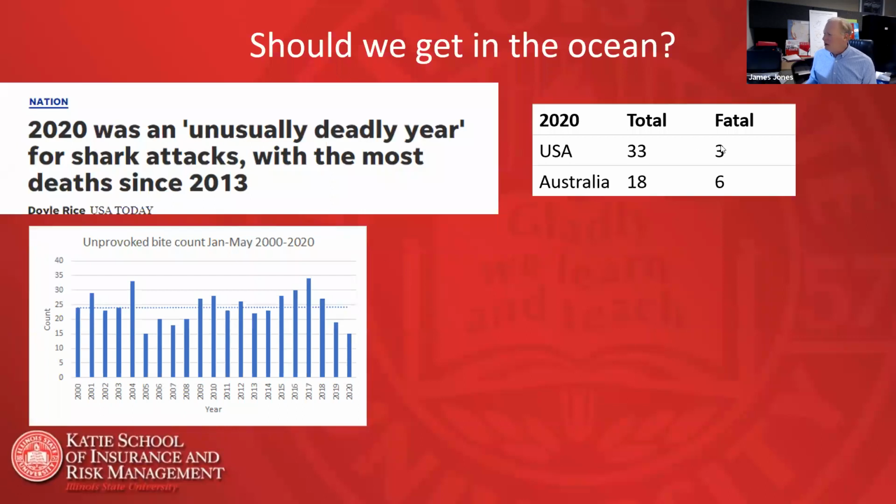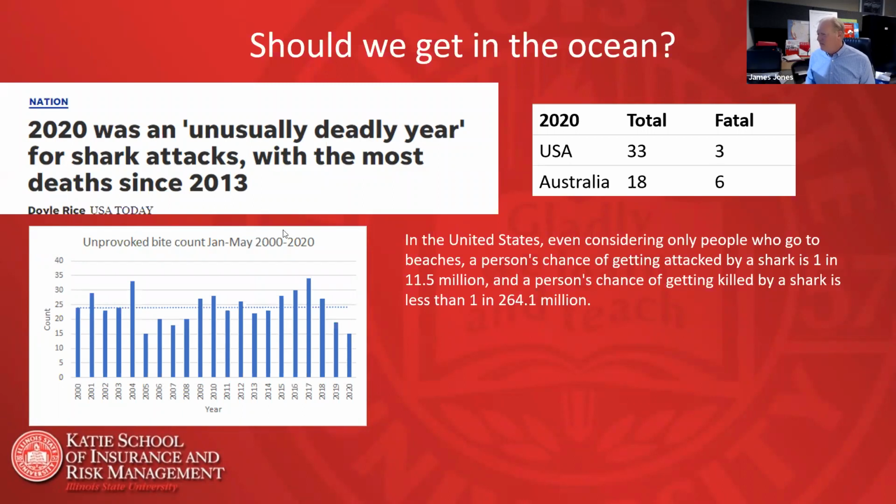Fatal shark attacks were 3 in 2020, but they're up from previous years by 1. So in the United States, even considering only the people that are going to the beaches, so you're at the beach, should you get in the water, your chance is 1 in 11.5 million. Okay.